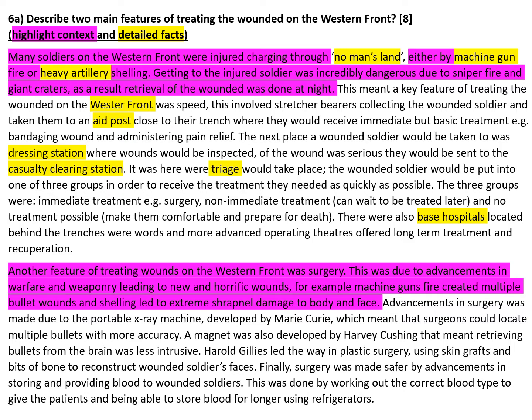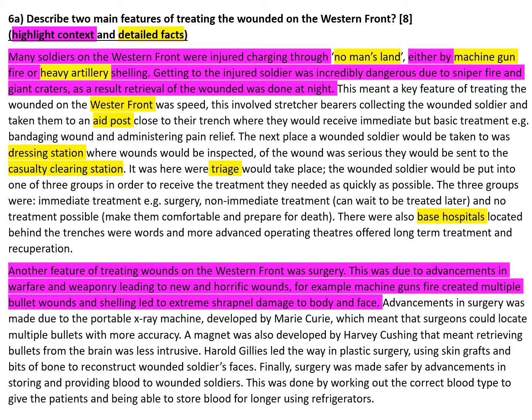Getting to the injured soldier was incredibly dangerous due to sniper fire and giant craters. As a result, retrieval of the wounded was done at night. So here's me giving the reason. This meant a key feature of treating the wounded on the Western Front was speed. So speed, this whole paragraph is going to be about getting people off the battlefield quickly. So I've provided context as to why they needed to do that.